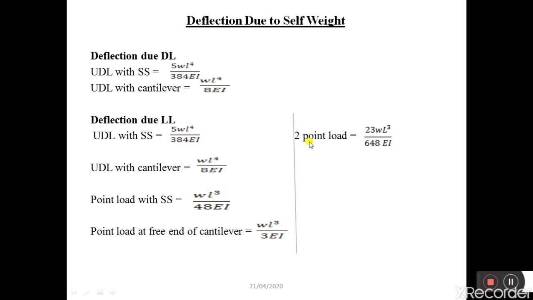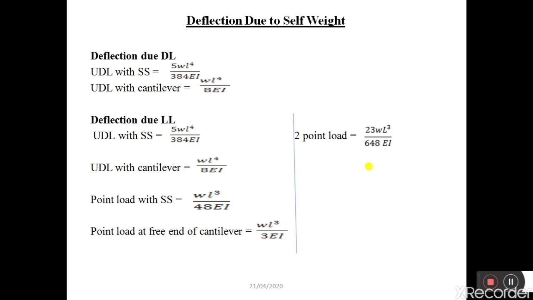Similarly, for 2-point loads, the formula to calculate deflection is 23 WL³ by 648 EI. So these are the different equations that you should remember for the calculation of deflection under different conditions.